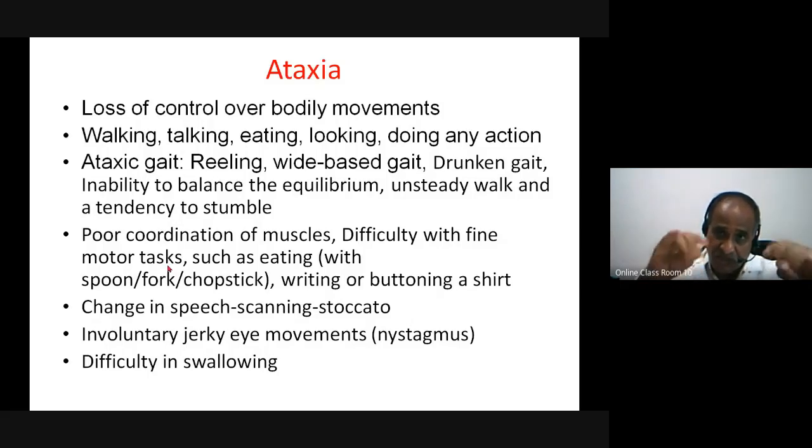This happens because of the finger movement. Writing, whatever the text material, that also is a part of the coordination, and that is affected. And looking further, buttoning a shirt, tying a shoelace, or doing small activities like that, threading a needle.